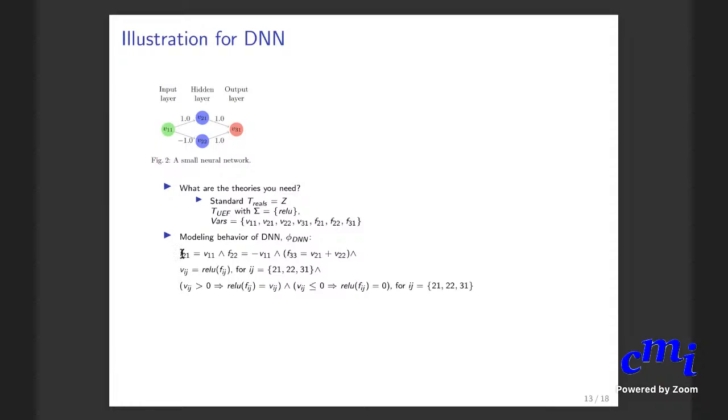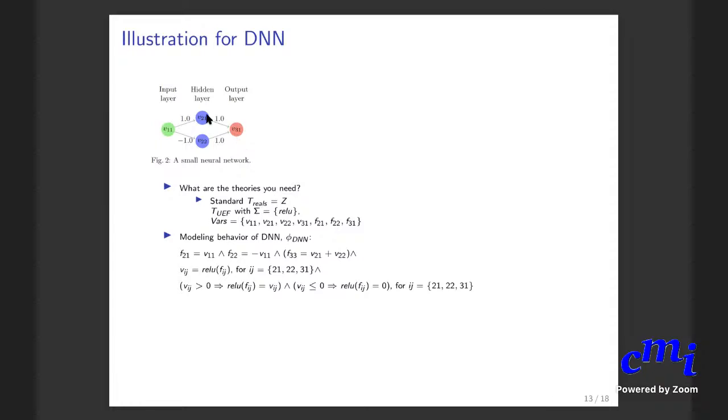It has basically three parts. One defines F21, F22, the linear transform that is happening at each of the internal nodes and the output node.